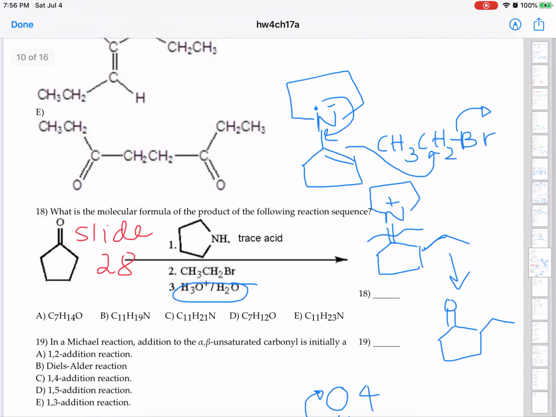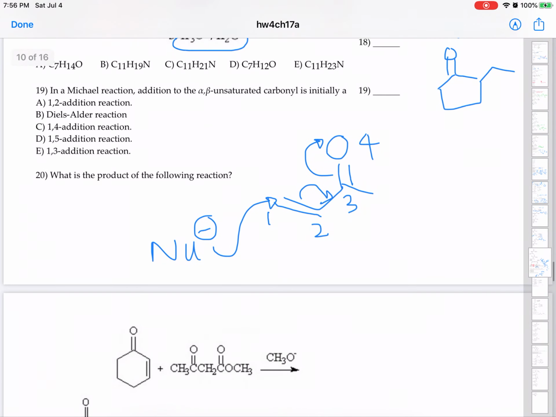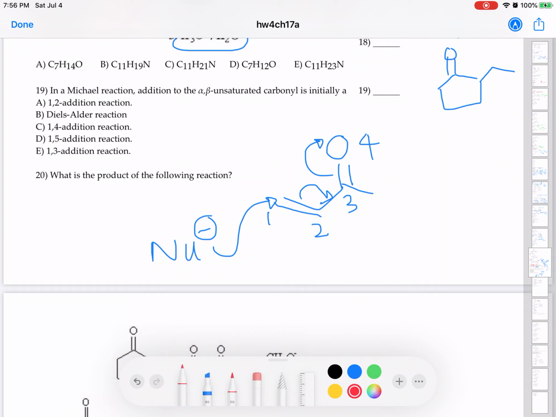And for the Michael addition, conjugate addition, slides 31 to 33, you can refer to the Michael addition.